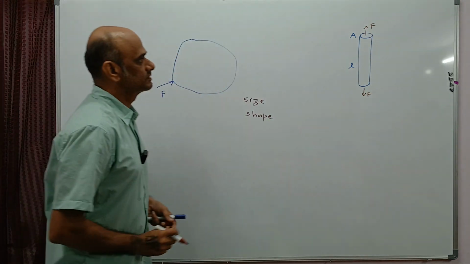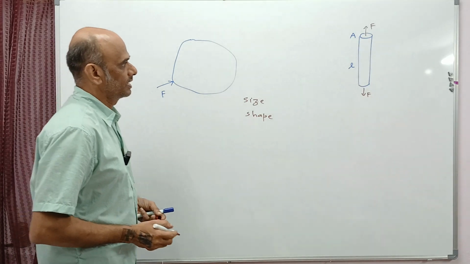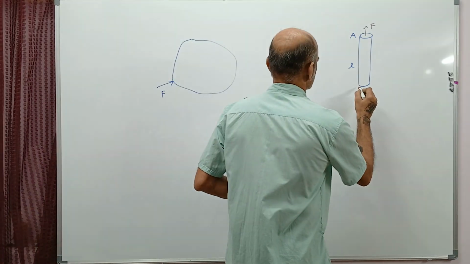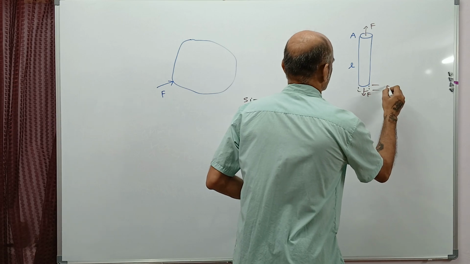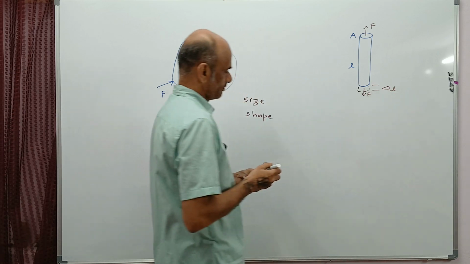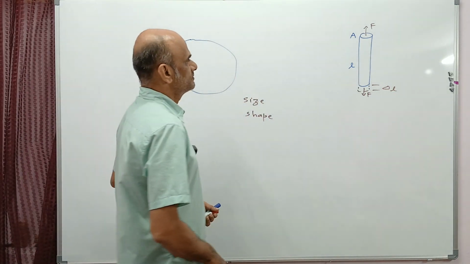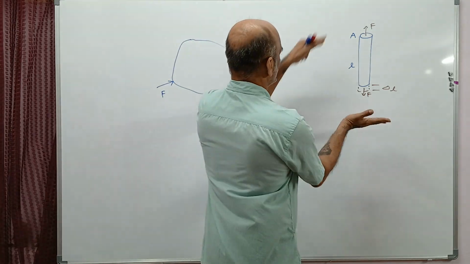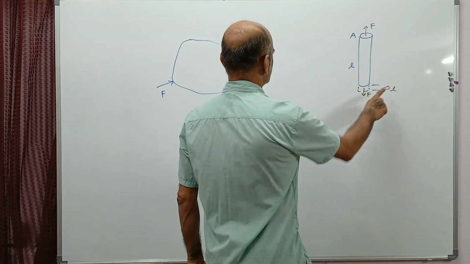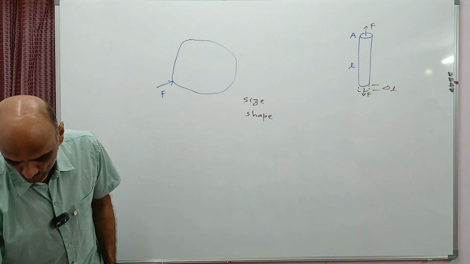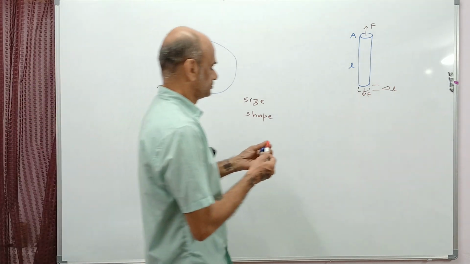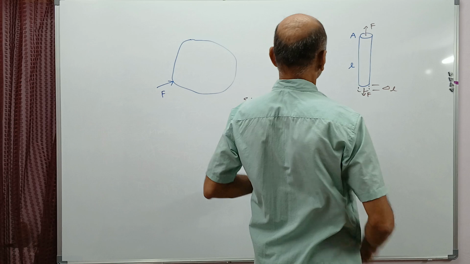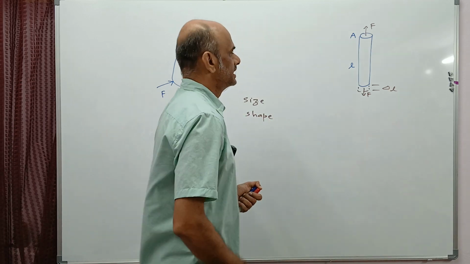This sort of force will stretch this rod and increase the length by a small amount, say delta L. Suppose that the direction of the force is reversed, then the rod will get compressed. So this delta L will be negative. If the applied force is increased, then you can expect the delta L to be more.